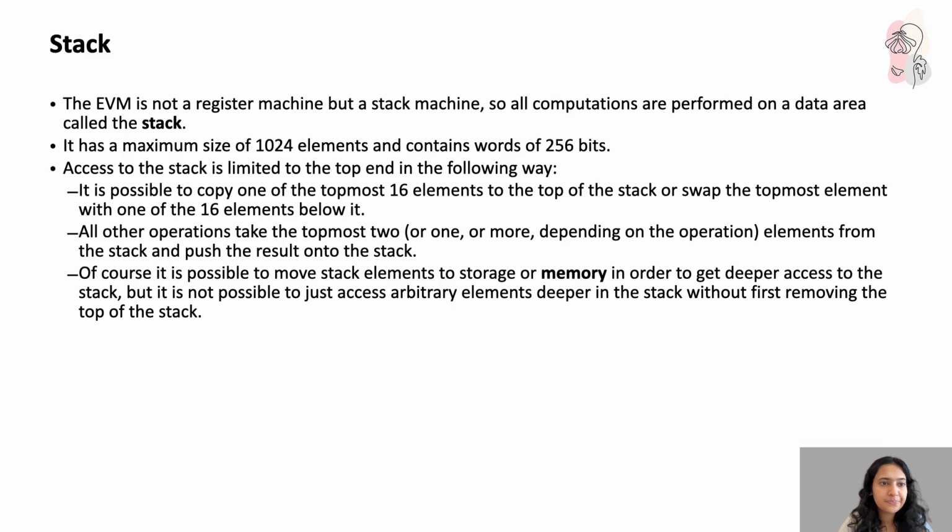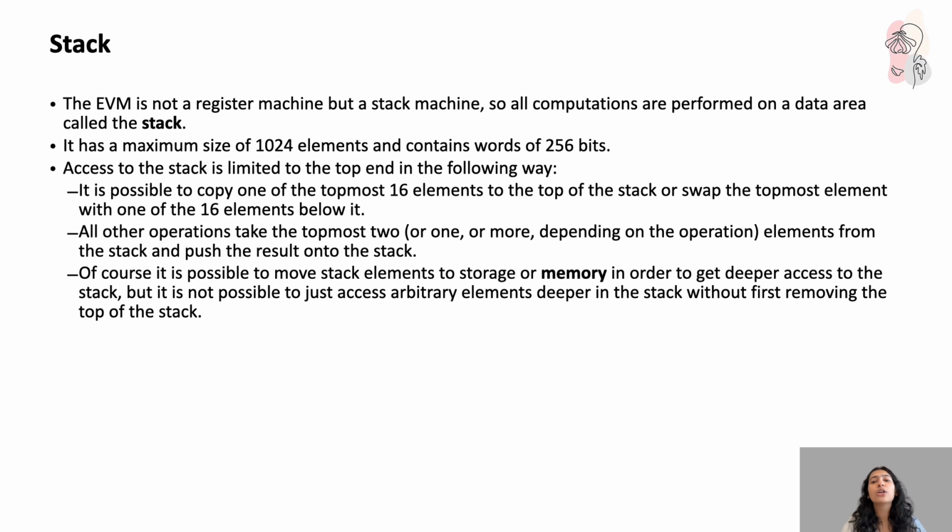Make sense? Now let's come to stack. So your Ethereum virtual machine isn't actually a register-based machine like your computer CPU. The computer CPU, as you all remember, is register-based, right? Instead, your EVM, your Ethereum virtual machine, is a stack-based machine, meaning that all computations happen on a data stack.